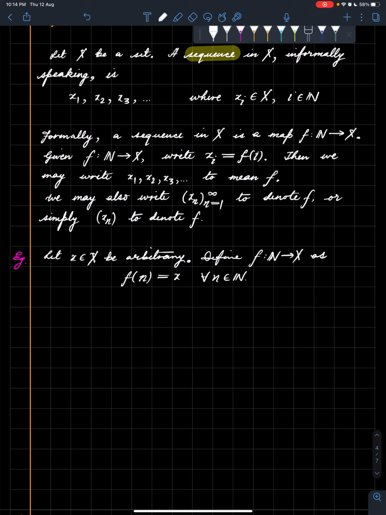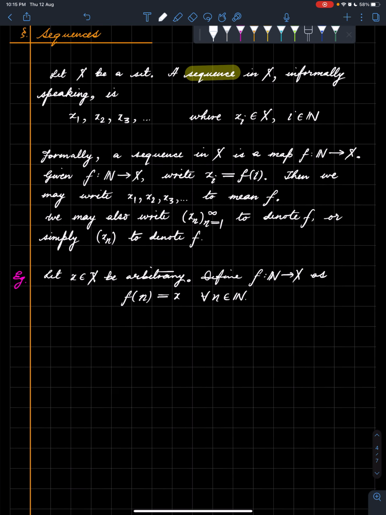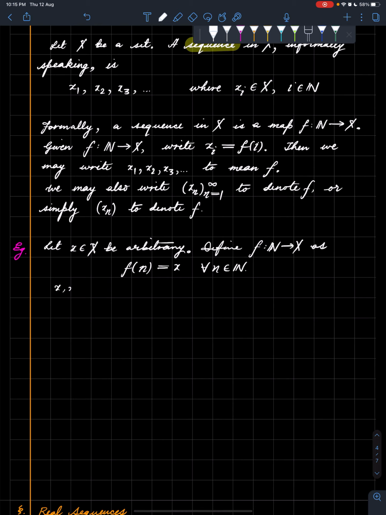Then this is a legitimate sequence. It takes the same point at every natural number. And in this more likable picture, we will denote f by x. It looks a bit weird, but this is how you may denote this sequence, the constant sequence, if you will.